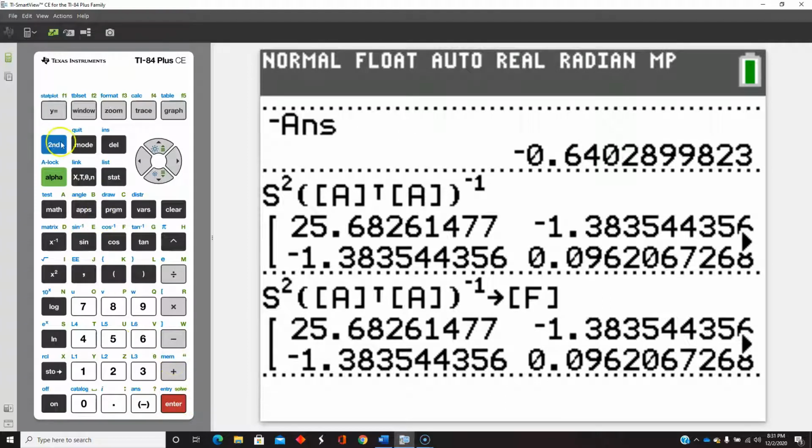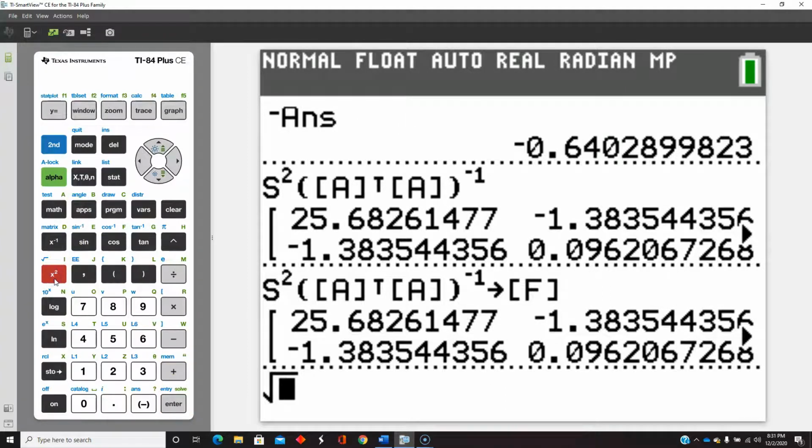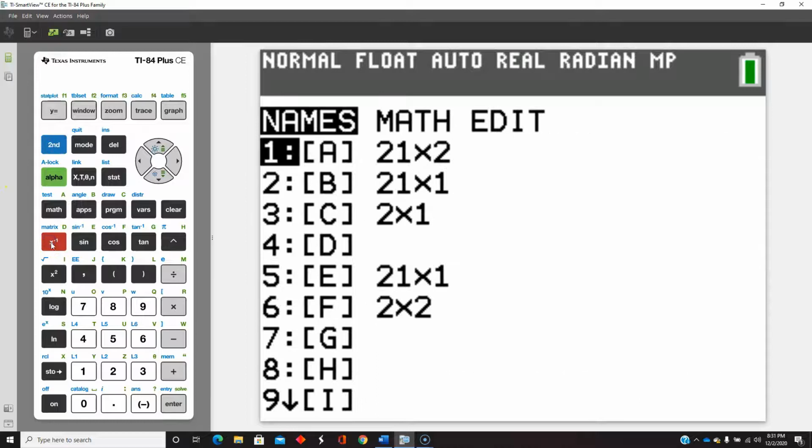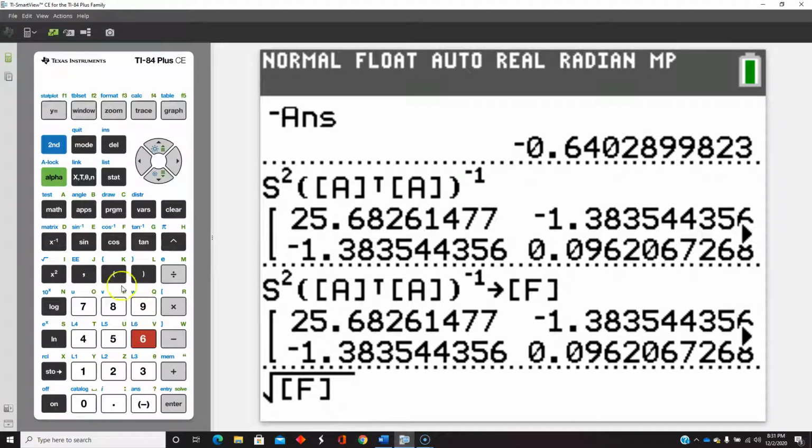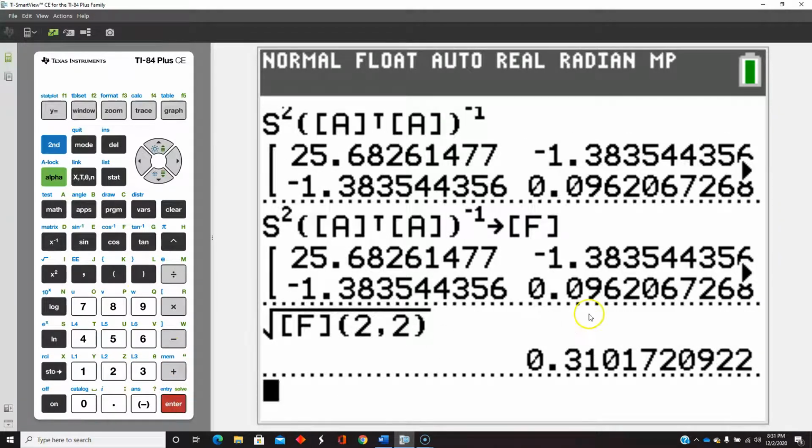So now, if you take the square root of this entry right here, which is matrix F at location 2, 2, that square root is the standard deviation, or sometimes called the standard error, of our slope. And remember, our slope was negative 1.127.